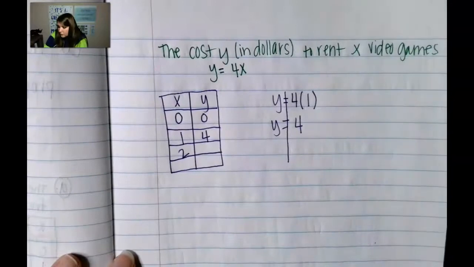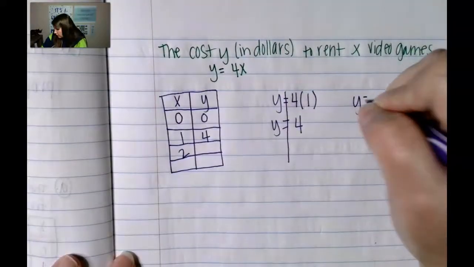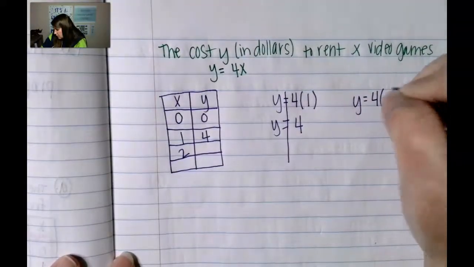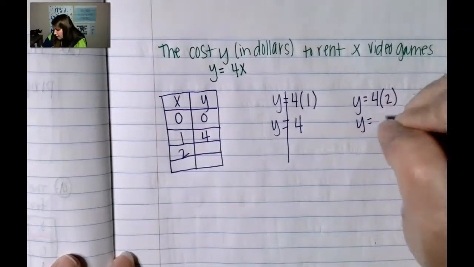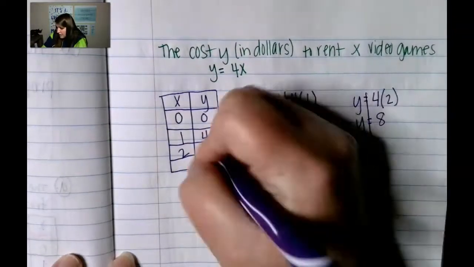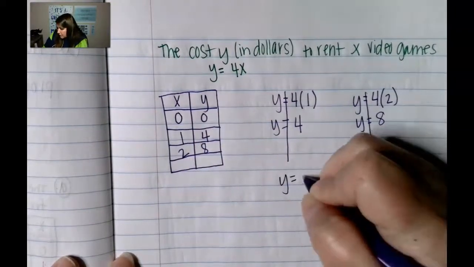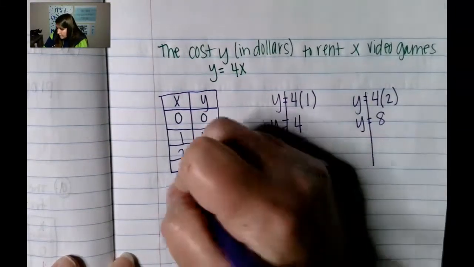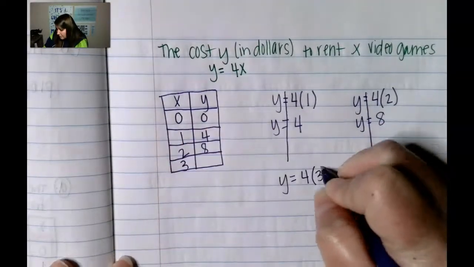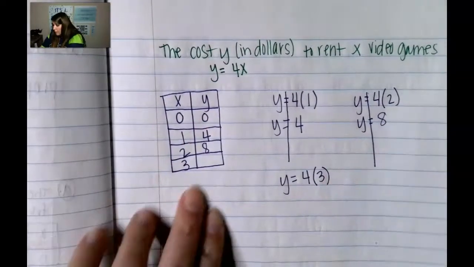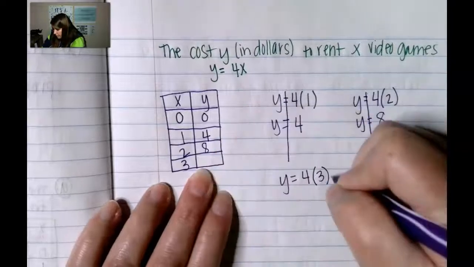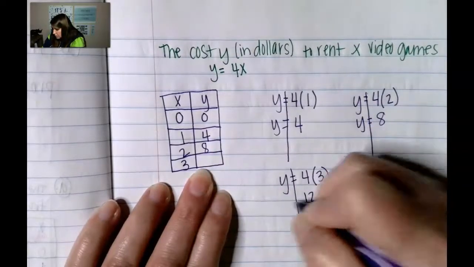Y equals 4 times 2, so y equals 8. I pay $8. And the last one, y equals 4 times 3. Let's say I rent 3 games. I will pay 4 times 3, which is 12.